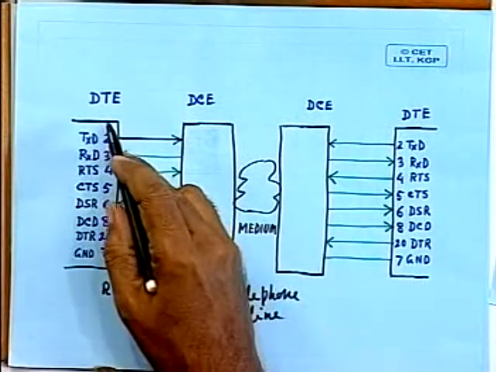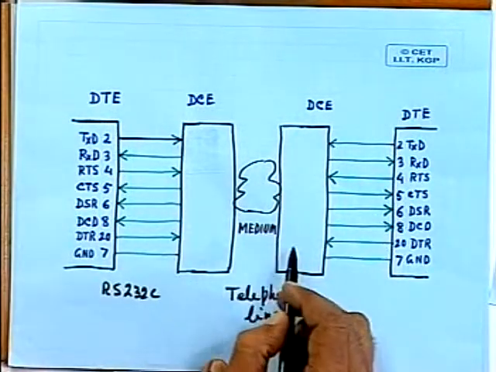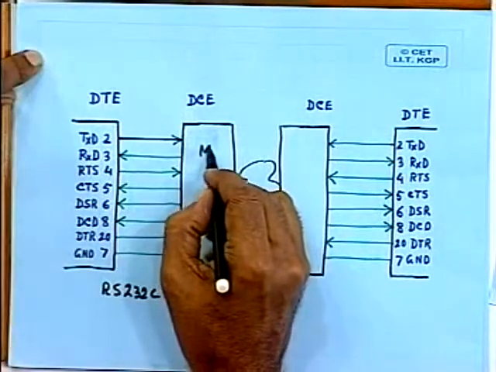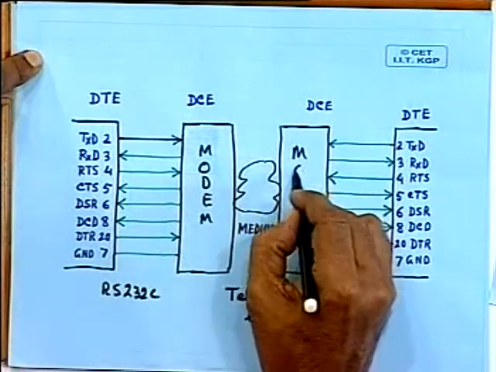That means two data terminal equipment or computers are communicating through the telephone line using two modems. This is one modem, and they have got another modem here.